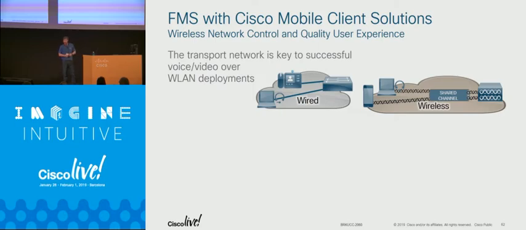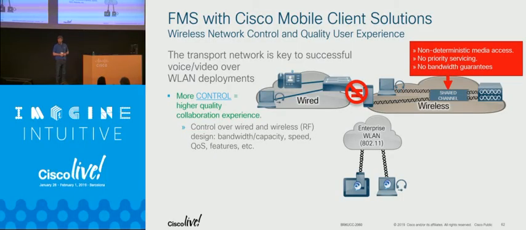And so obviously, the difference between a wired and a wireless network is pretty significant insofar as we have no control over a wireless network, as it's a shared bandwidth. There is no priority servicing, no bandwidth guarantees on a wireless network like we can get on a wired network.